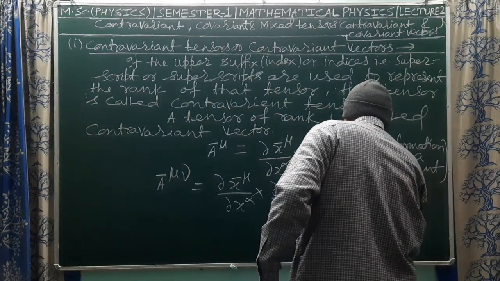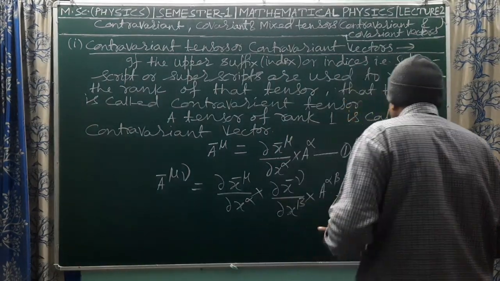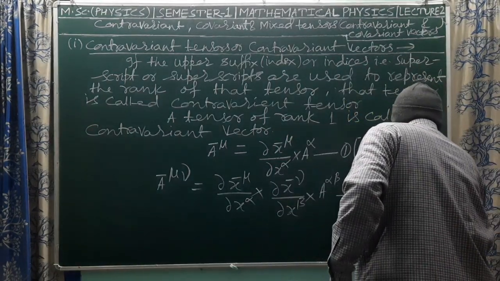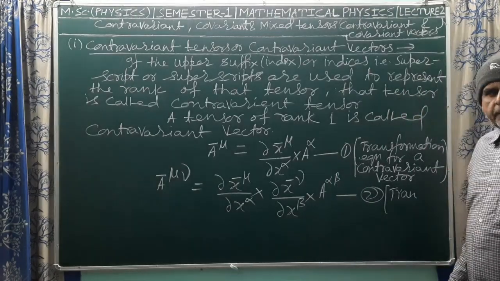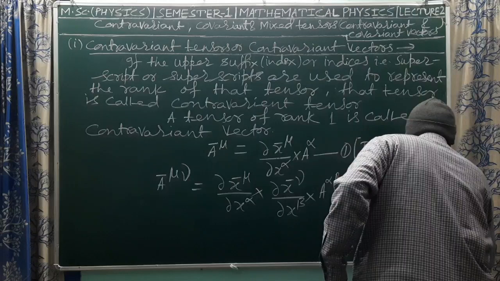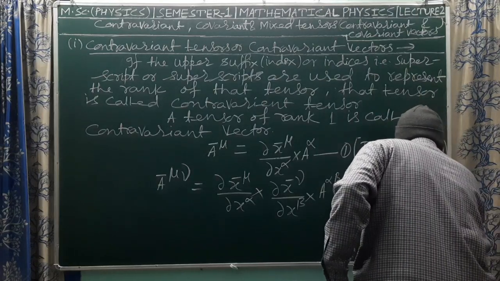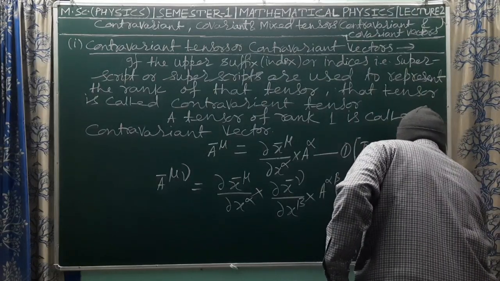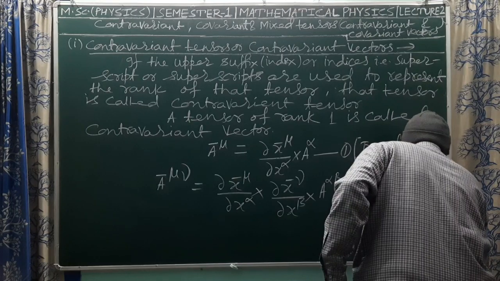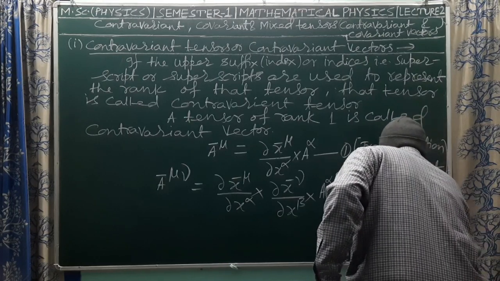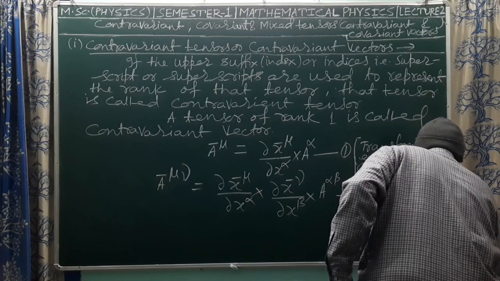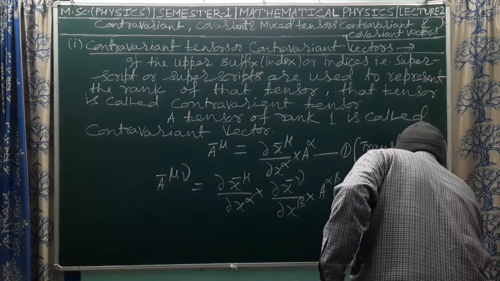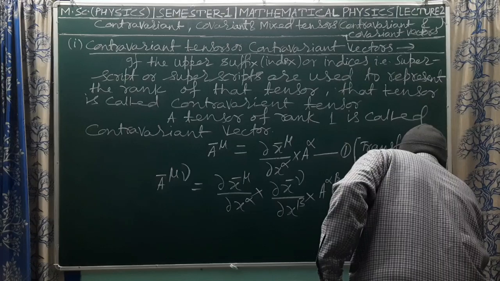Suppose it is equation number 2. This is the transformation relation for a contravariant tensor of rank 2.